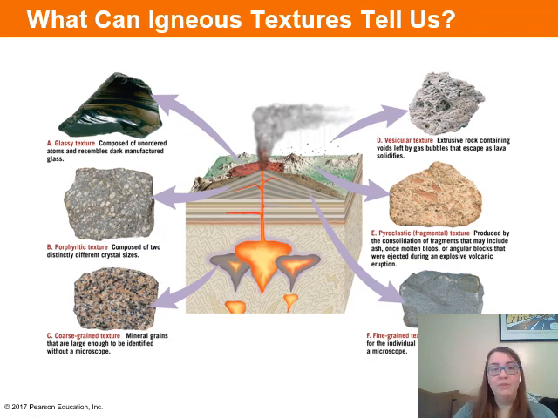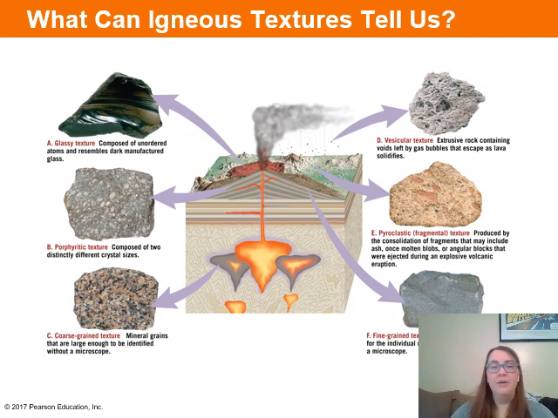Another extrusive igneous rock is our vesicular texture. Again, these are the ones that are full of vesicles or air holes because they cooled off in a matter of minutes and trapped all of those dissolved gases inside of it. We'll also see pyroclastic textures, again only in those really explosive, very violent volcanic eruptions, where we're literally going to explode the volcano, and the heat from that explosion is going to glue all these broken rock pieces back together.